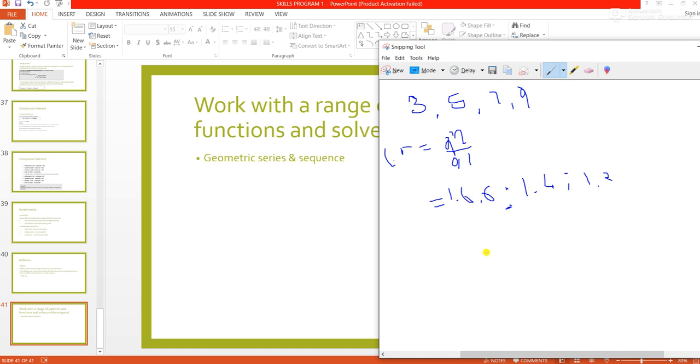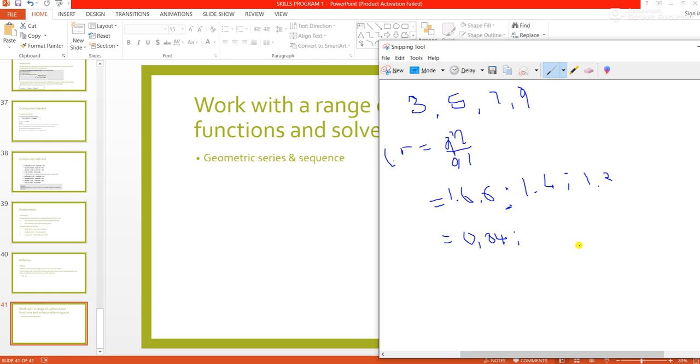So 1.4 divided by 1.66 is 0.84. Taking 1.2 divided by 1.4, it's 0.85.